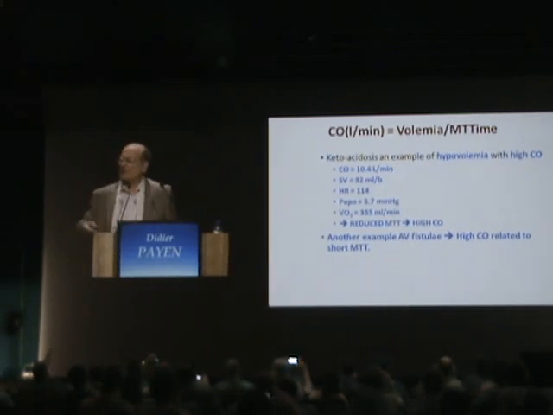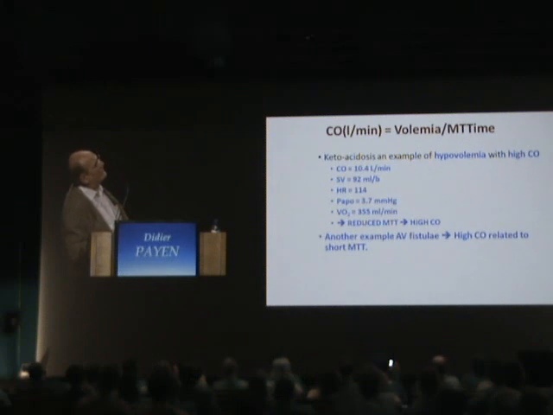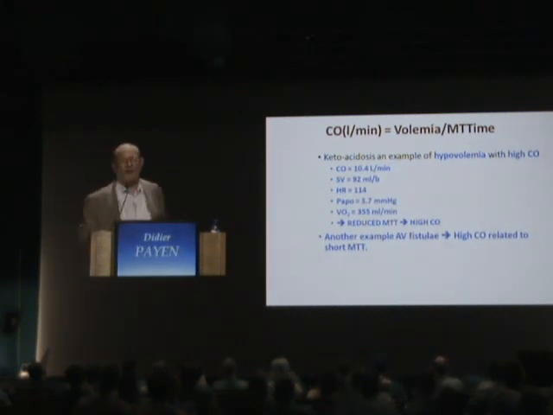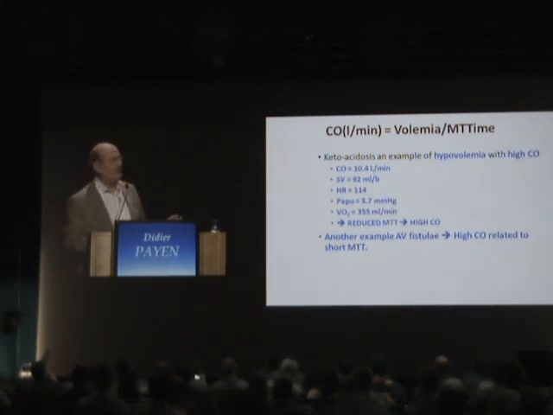Is there any situation clinically relevant for this? Yes, of course. For example, if you are looking for severe ketoacidotic patients, if you measure the flow, they are really hypovolemic, dehydrated, acidotic, really bad. But the cardiac output in average here was 10 liters per minute.